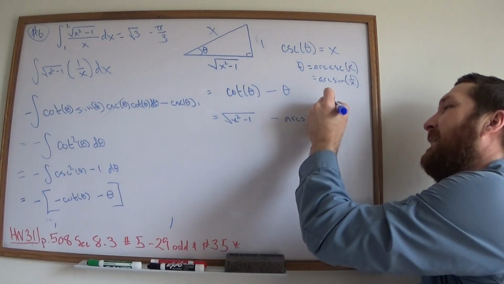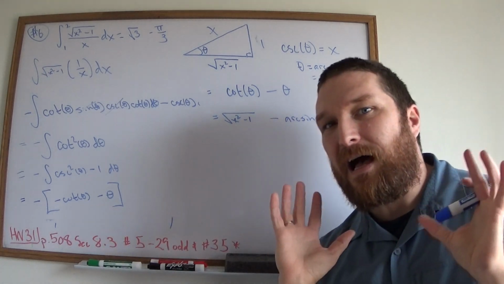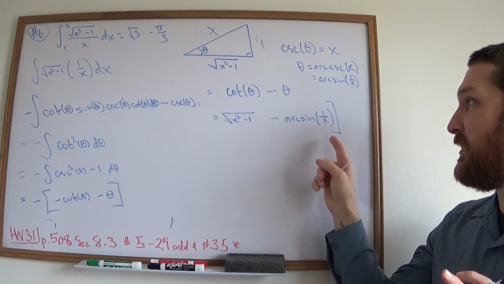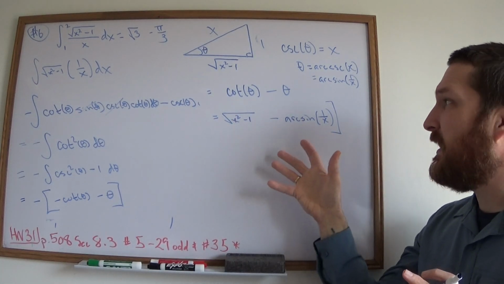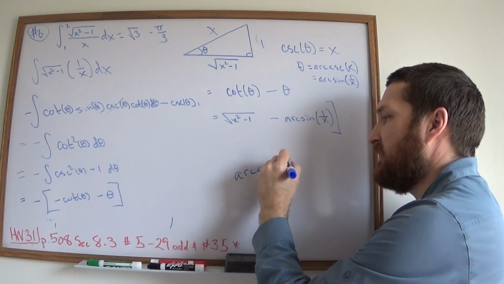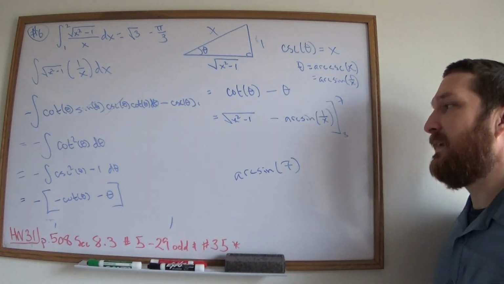And we're not. And there's another thing. I'm not going to be a stickler about this, but we do need to check and make sure. If you get to the end and you end up plugging in something like arc sine of 7, let's say we're integrating from 3 to 7, it's like, no, you're not.